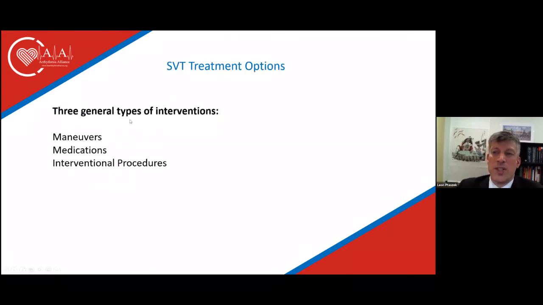There are three general types of interventions available for management of supraventricular tachycardias. These include physical maneuvers that can be undertaken by the patient individually; medications, which can be taken either on an as-needed basis for treatment of individual episodes or on a daily basis; and last, interventional procedures, minimally invasive procedures that can be performed to address the physical substrate in the heart that's responsible for the arrhythmia.